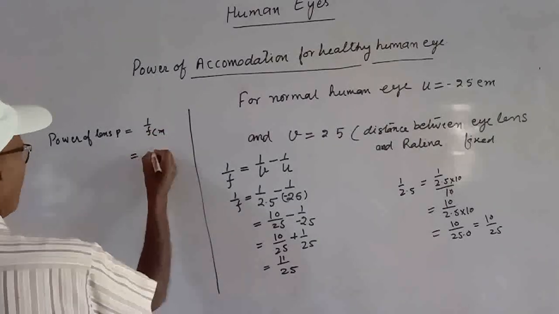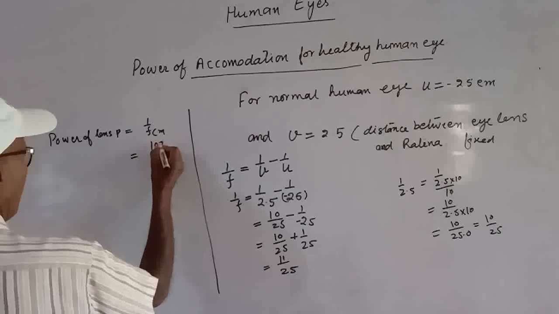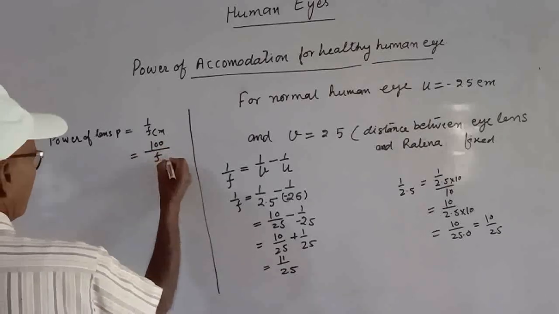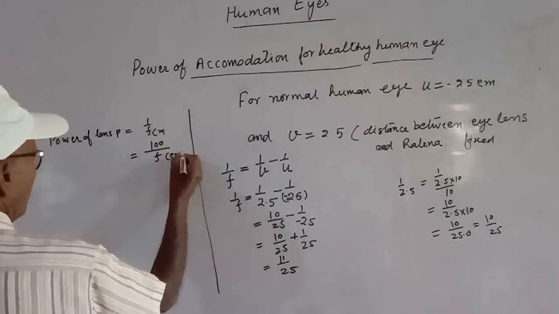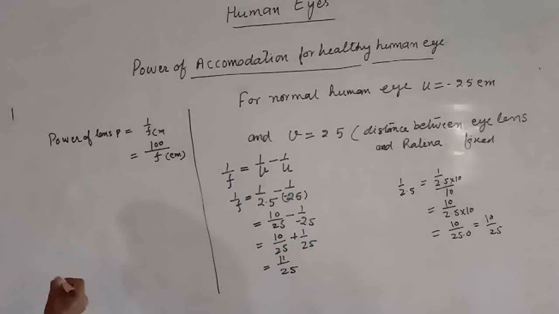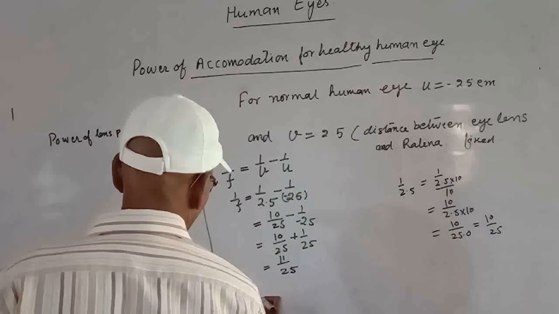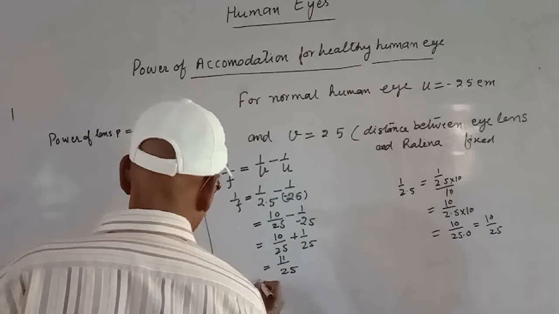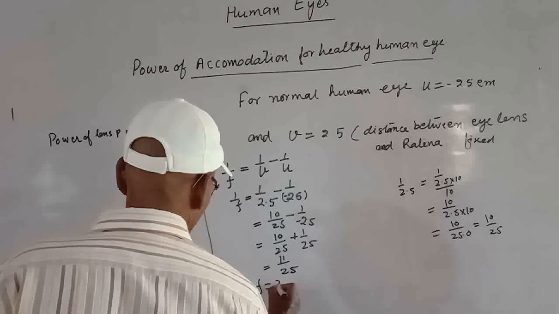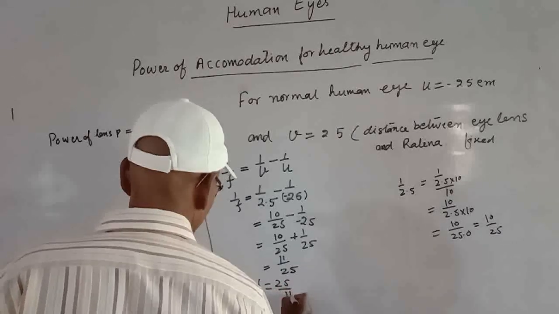That will become 100 upon F in cm. F is equal to 25 upon 11.